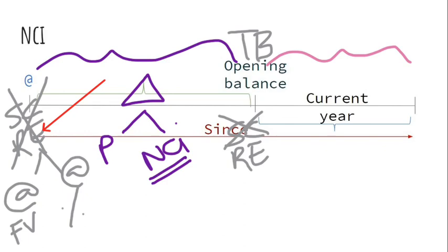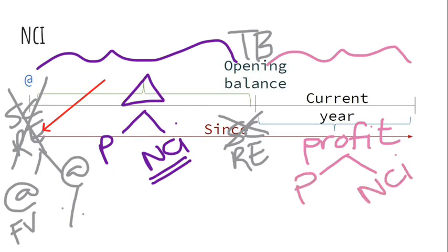The only item you've seen thus far is profit for the year as part of the movement in retained earnings. This movement also needs to be attributed to the owners of the parent and NCI. Again, the amount attributable to NCI requires a consolidation journal entry to change the NCI balance.